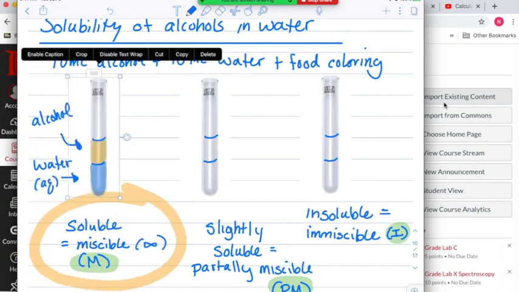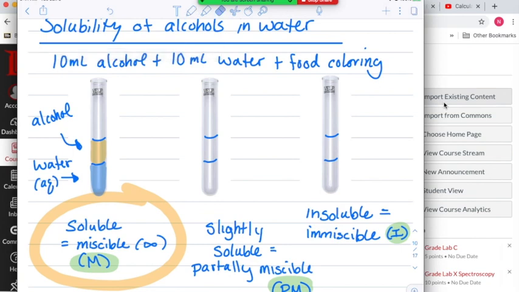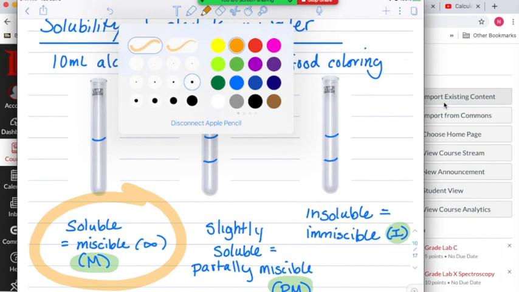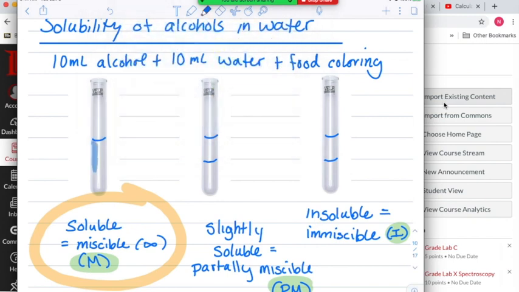At the end of our mixing, if this is indeed miscible, we see only one thing. We no longer see two separate layers. Here what we have is the alcohol and water mixed.